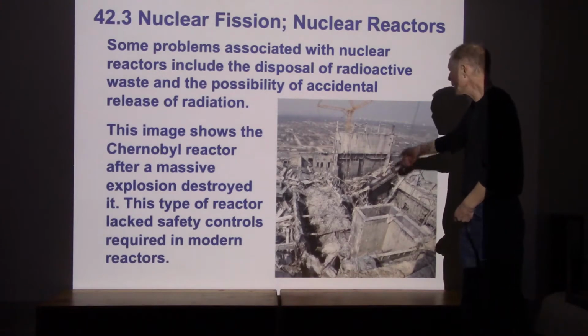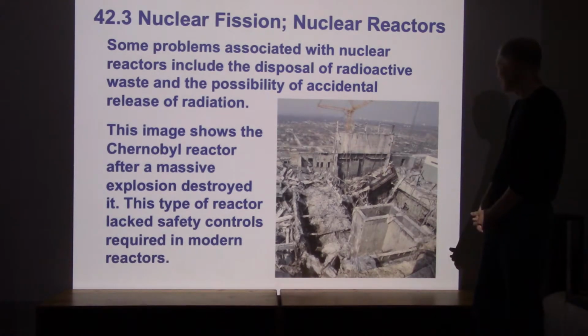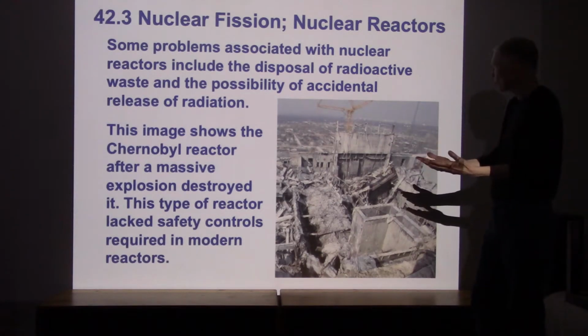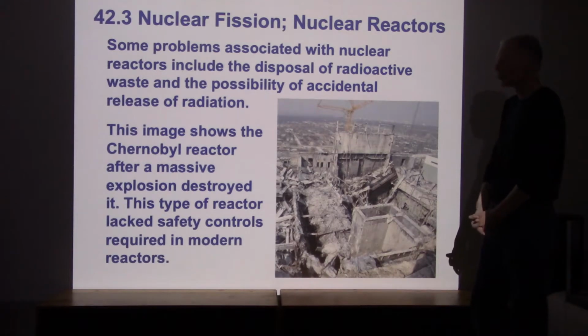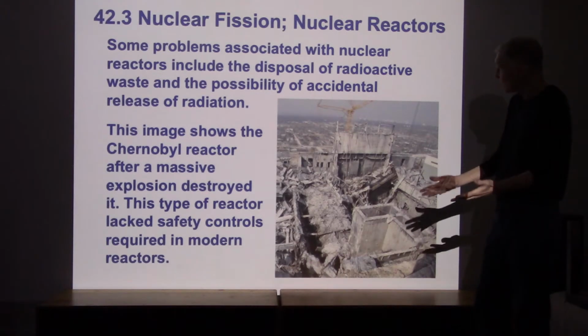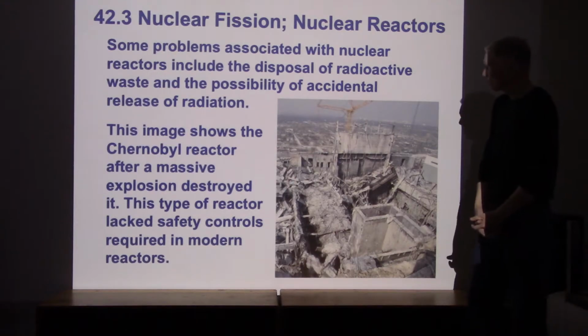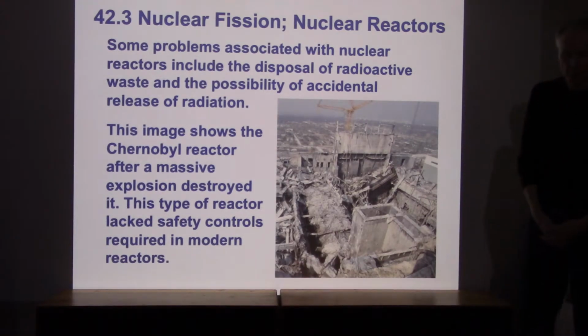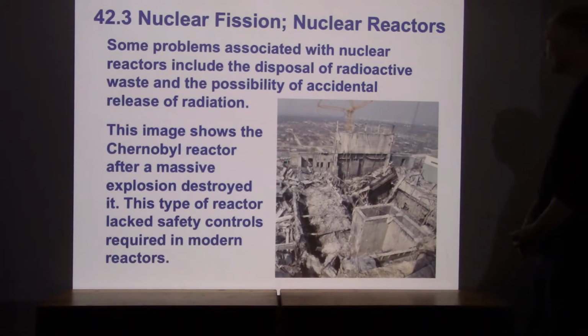So this was not structurally nearly as durable as today's nuclear power plants are. But again, the reactors in Japan and Fukushima, those failed. The containment vessels there also failed.